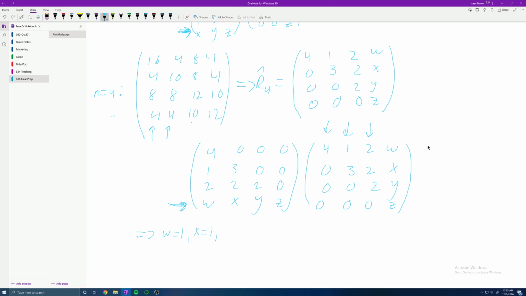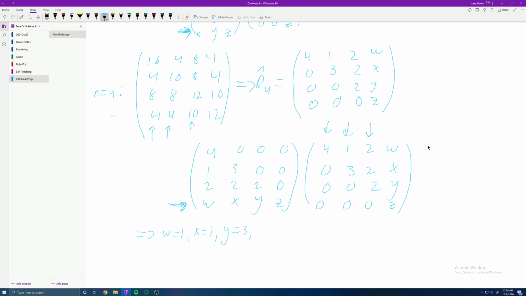That'll give us this entry. So since W and X are 1, we have 2 plus 2 plus 2Y equals 10, because there's a 2 there. That means 2Y equals 6. Y equals 3.